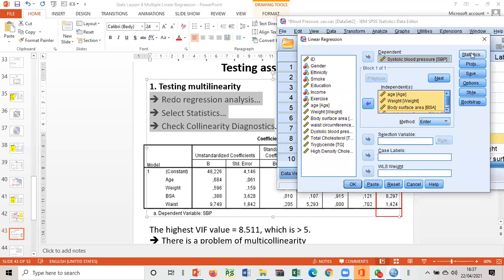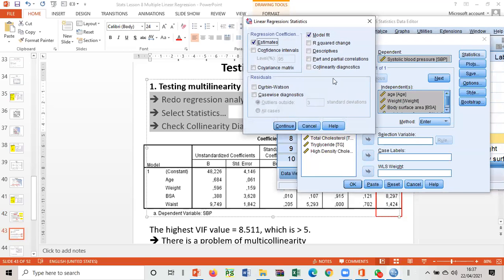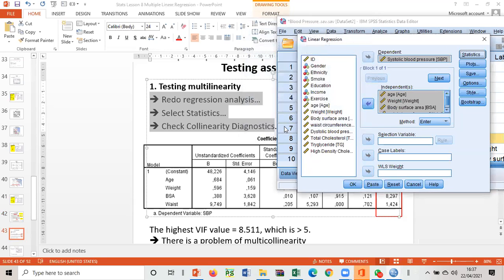Select statistics. This is the one, collinearity diagnostics. Collinearity. Continue, and click OK.